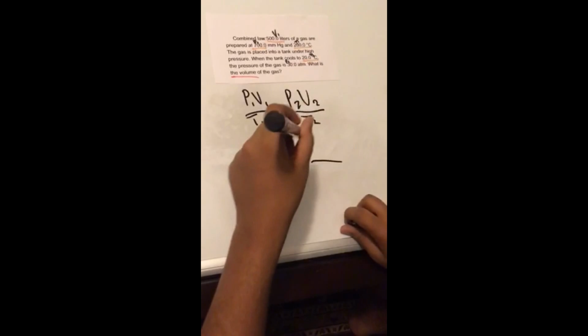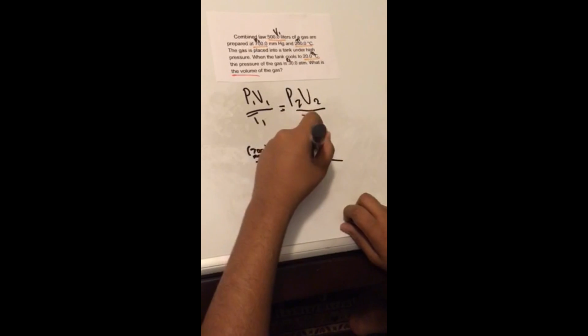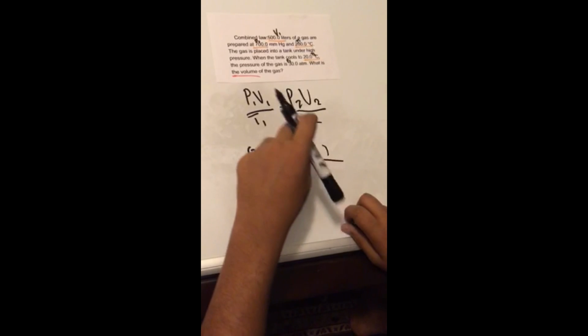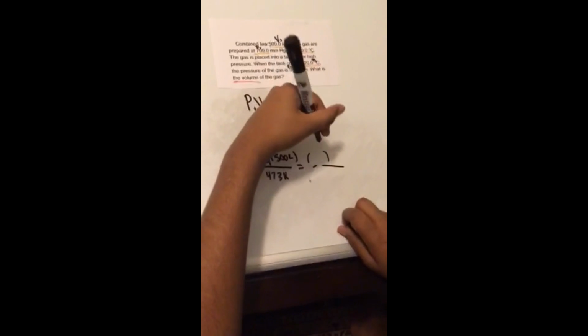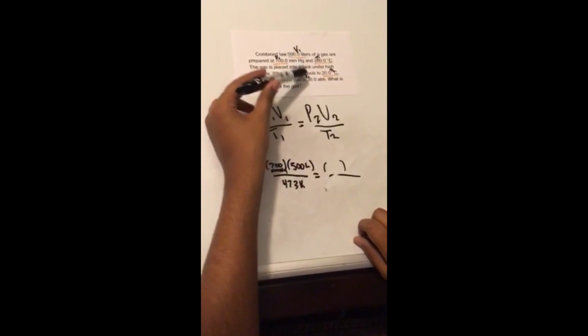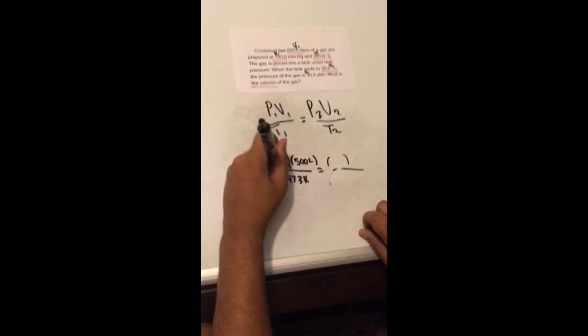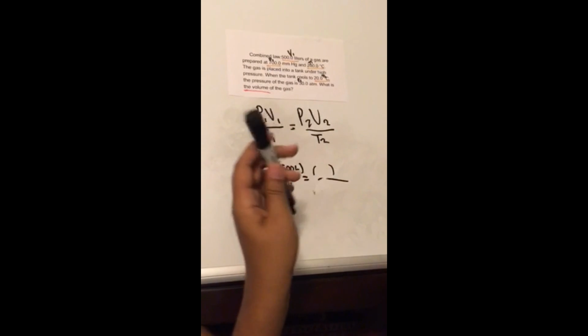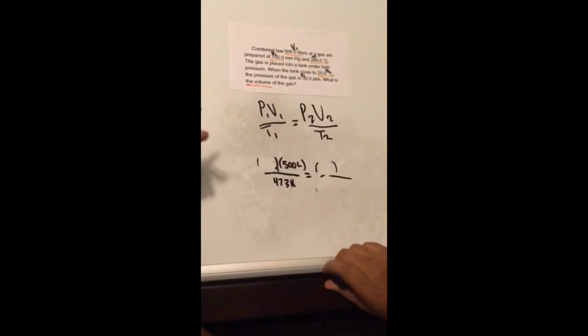And so now we're trying to find our V2. Our pressures in here are not the same, so what we could do is make the millimeters of mercury into atm. It's a really easy process.